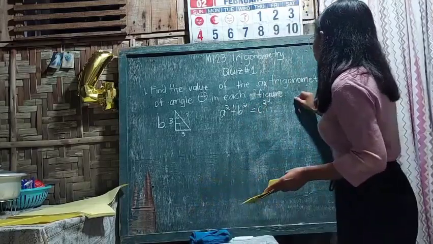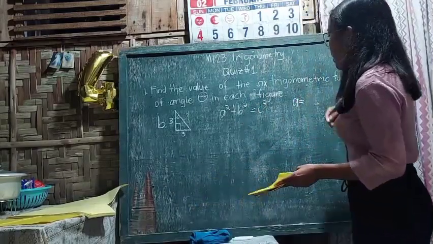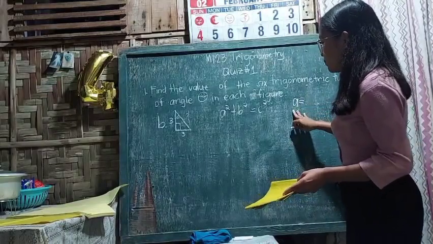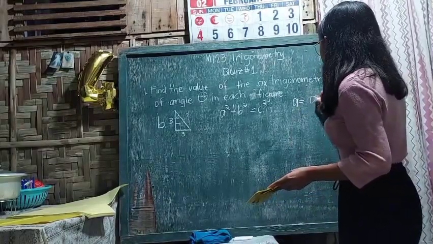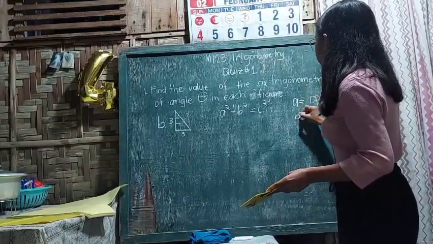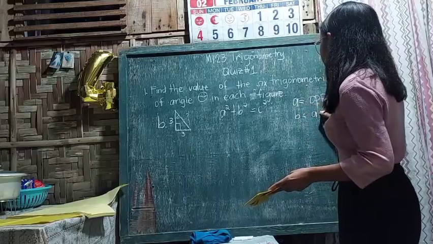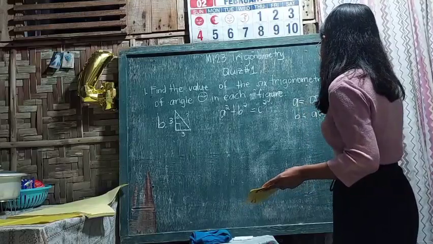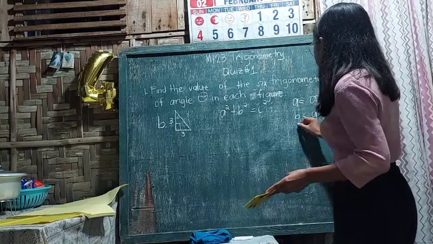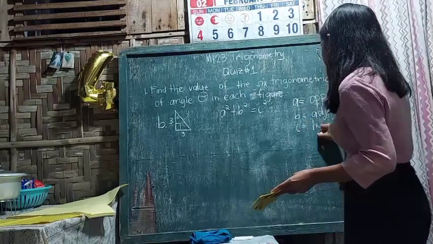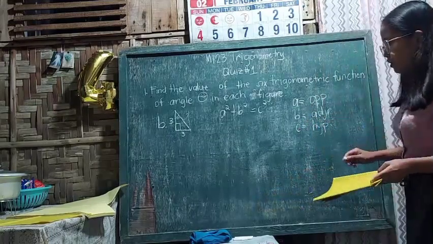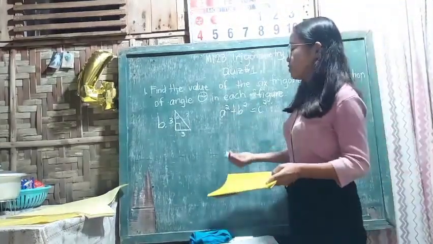So let a be the opposite, b the adjacent, and c be the hypotenuse. Let's substitute the values.